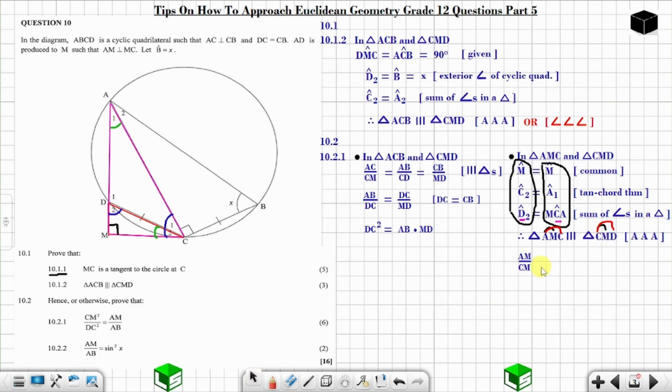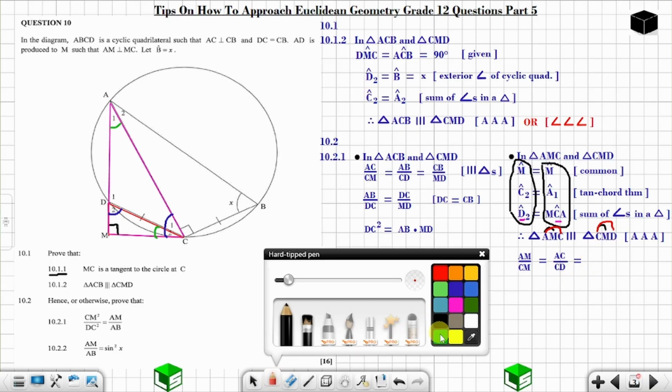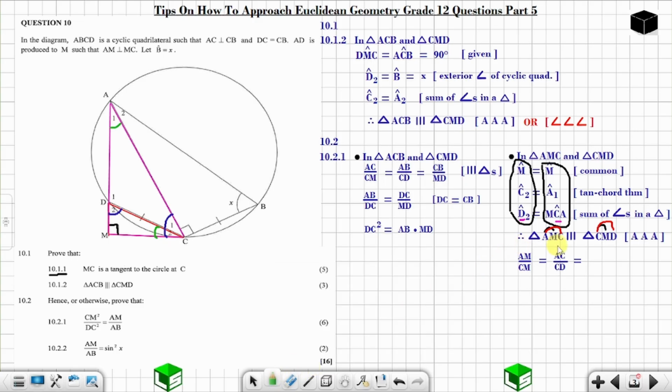So this is equal to AC over CD equal to, now you have second and third in one triangle over second and third in another triangle. So you have MC over MD.